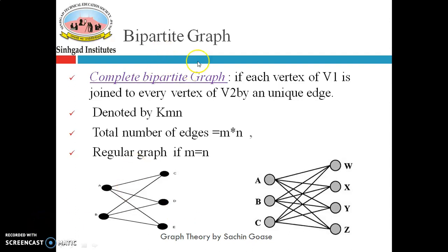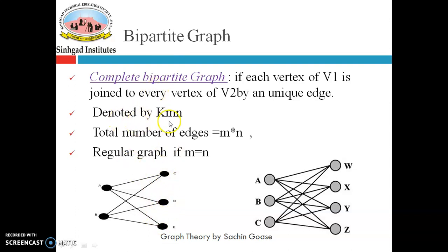Next term is bipartite graph, but it is complete bipartite graph. A bipartite graph is called a complete bipartite graph if each vertex of V1 is joined to every vertex of V2 by a unique edge. Means each vertex from vertex set V1 is connected with each and every vertex of vertex set V2. In that case, it is called a complete bipartite graph.